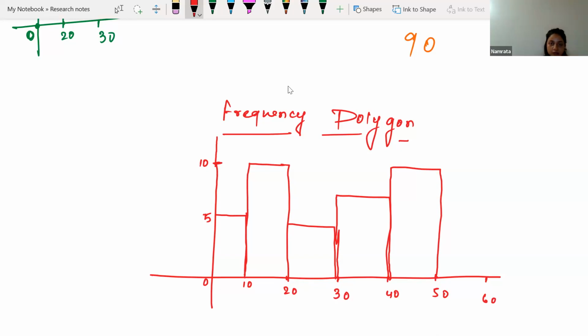Then we are having 50 to 60, let's say 2, like this. So this is what we are having as a histogram. Here only we will be able to plot the frequency polygon. How will we be plotting the frequency polygon?